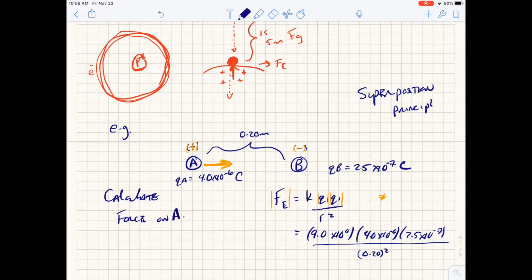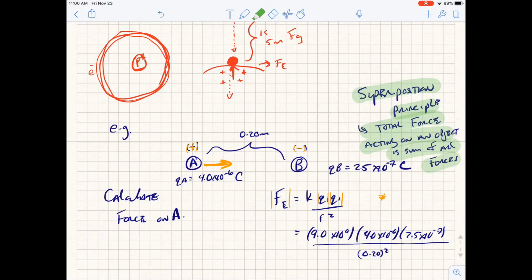The superposition principle is simply that the total force acting on an object is the sum of all forces, or the superposition of all forces.